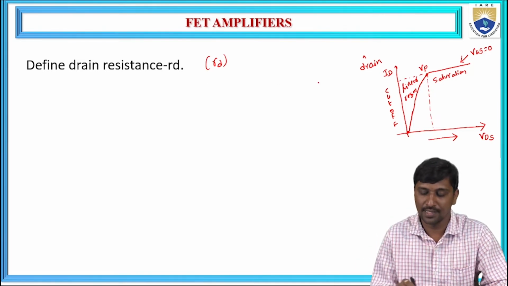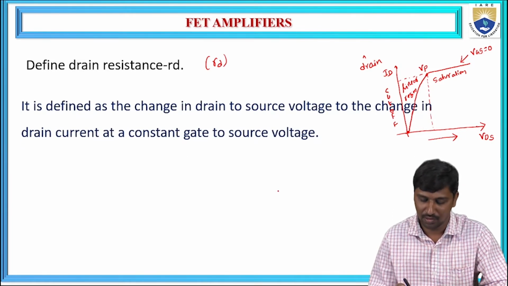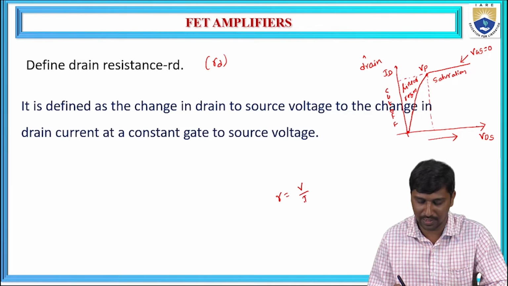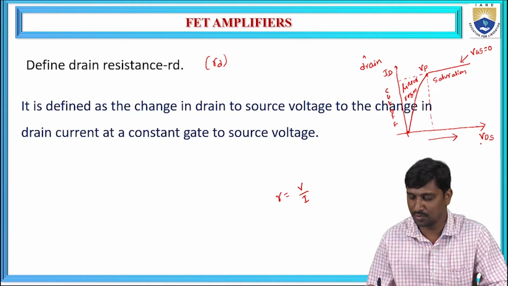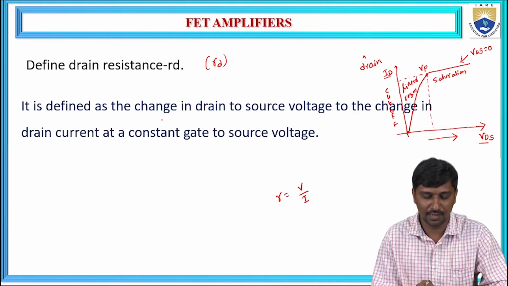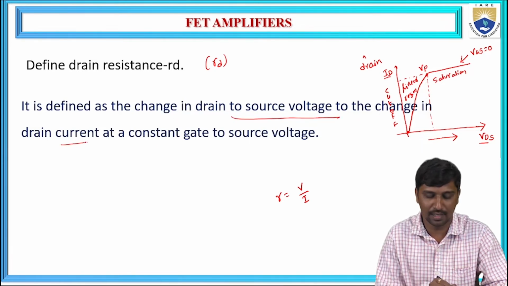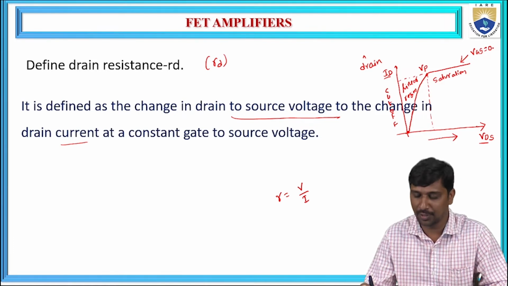So here is the drain resistance from the drain characteristics. Generally, we know that resistance is the ratio of voltage to current. From the drain characteristics, the input voltage is taken as VDS, and the current is I. It is defined as the change in drain to source voltage to the change in drain current at a constant gate to source voltage.